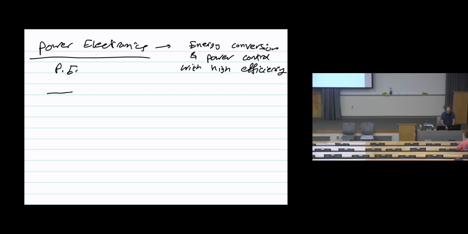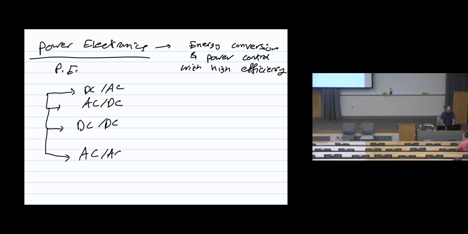So we can convert the energy from DC to AC, or we can do the opposite, AC to DC. We can make it between DC to DC, then AC to AC. Using power electronics devices, at any point, if we need to convert DC to AC or AC to DC, that will be fine.